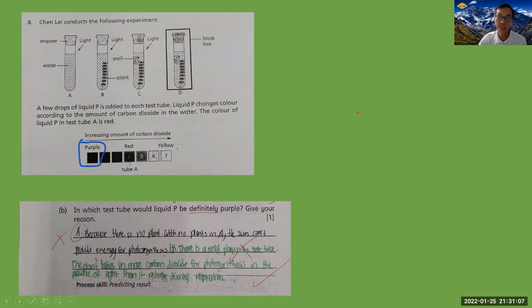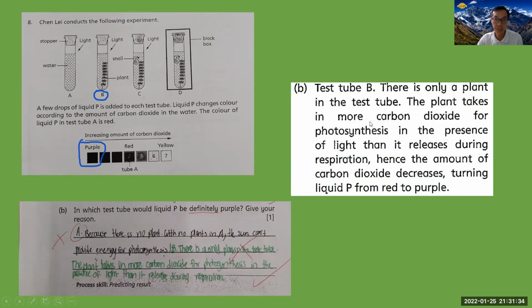The student must understand that this will happen if photosynthesis is taking place. So which test tube is it? It is B. Because if you choose C, there's a water snail there, it respires. But in the presence of light, photosynthesis is able to produce more oxygen than the carbon dioxide being produced. So once again, do take note of the model answer here.